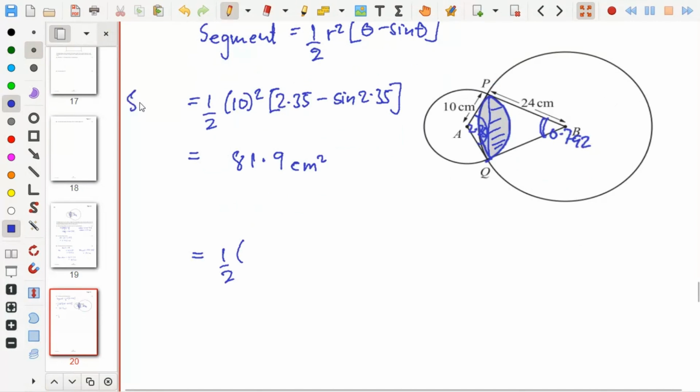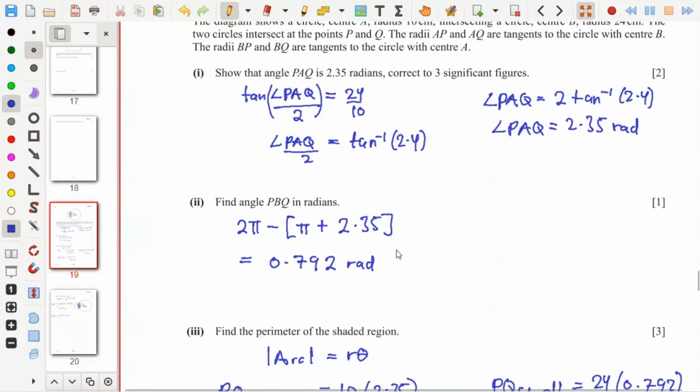So this is segment one, segment two. Now this one looks like someone's lips, eh? Okay, so here we have the radius is 24 squared. The angle is 0.792.